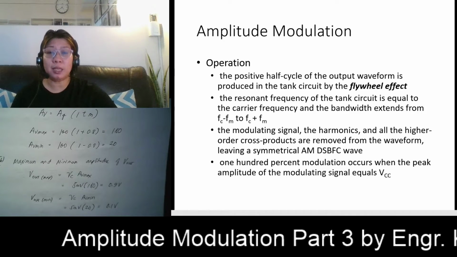The modulating signal, the harmonics, and all the higher order cross products are removed from the waveform, leaving a symmetrical AM double sideband full carrier wave. 100% modulation occurs when the peak amplitude of the modulating signal is equal to VCC. This produces the positive half cycle of your AM envelope.